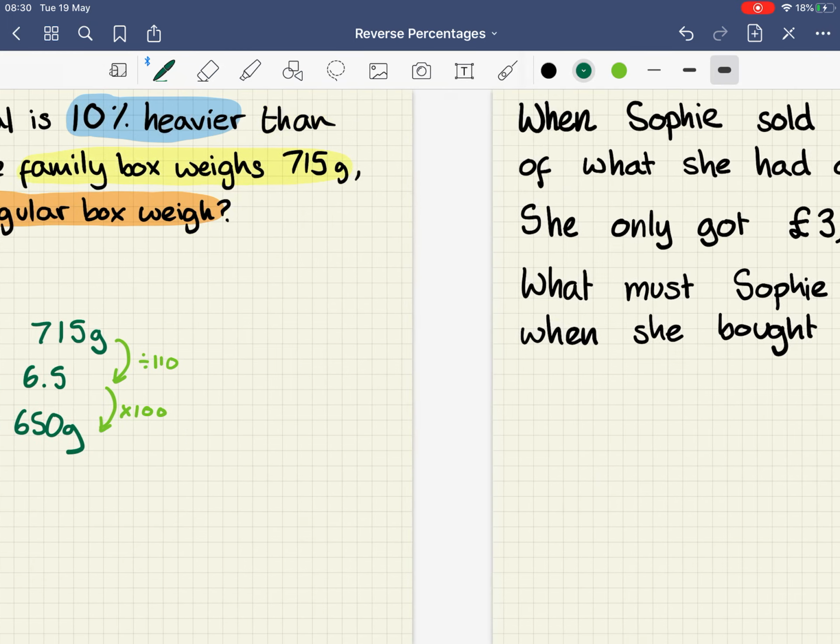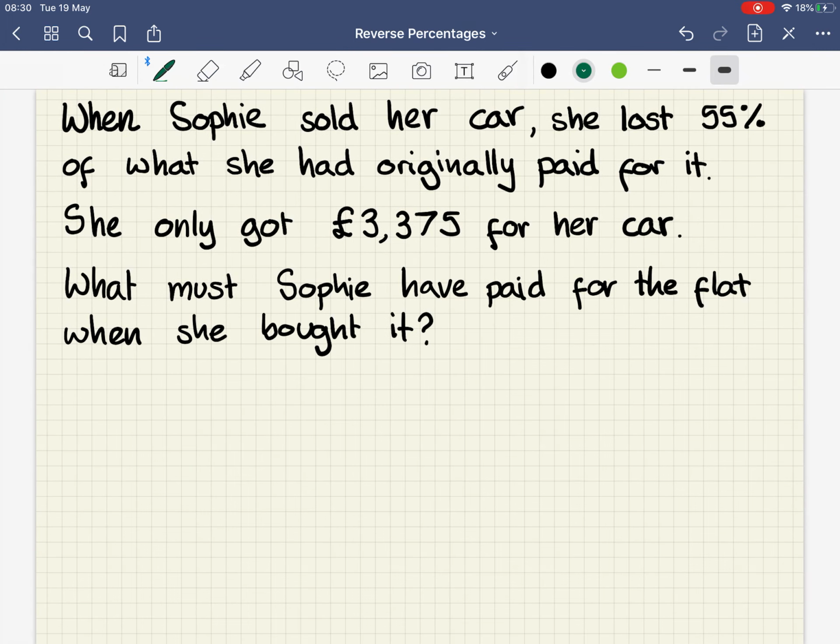Okay, last question then. So this one is a little bit more information, but again, I'm going to highlight and find the key information. So when Sophie sold her car, she lost 55% of what she had originally paid for. So she lost 55% of that original amount. She only got £3,375 for her car.